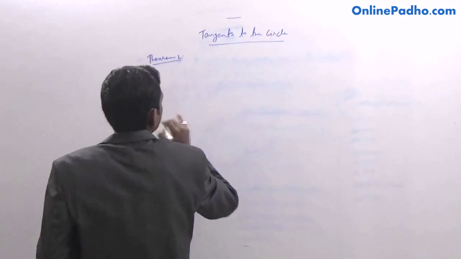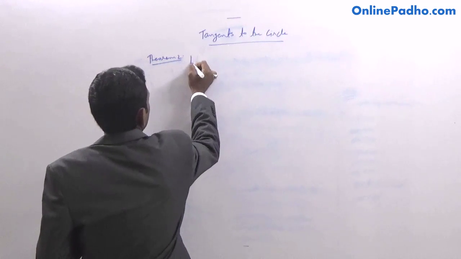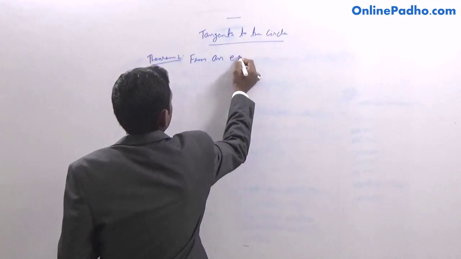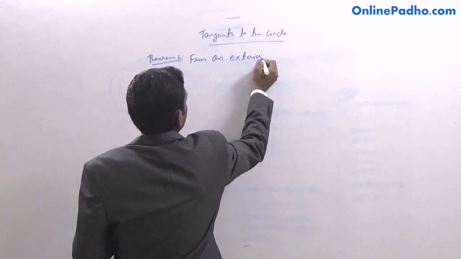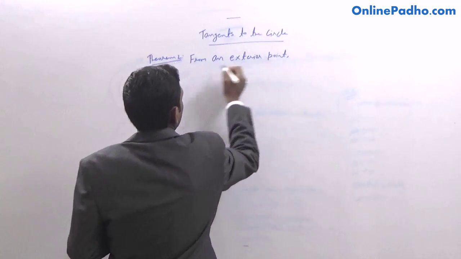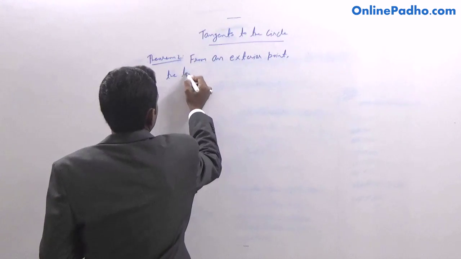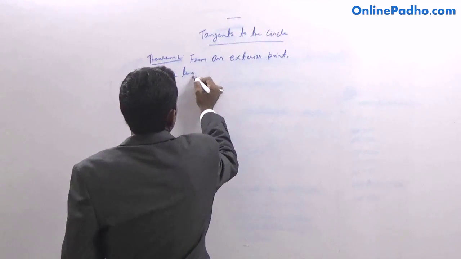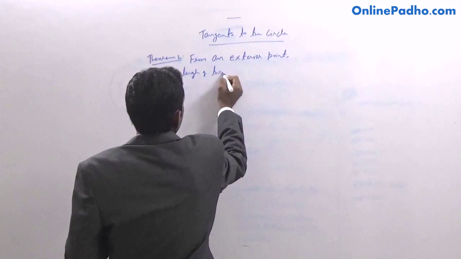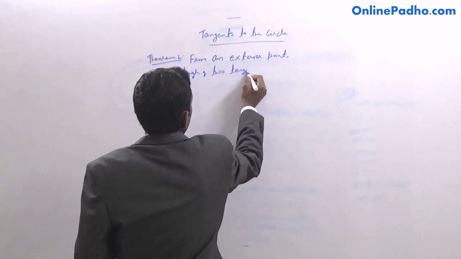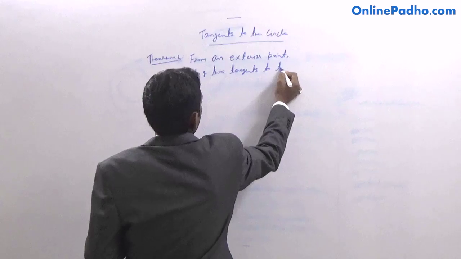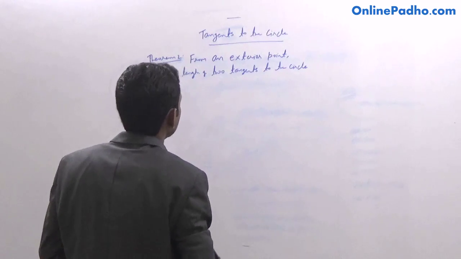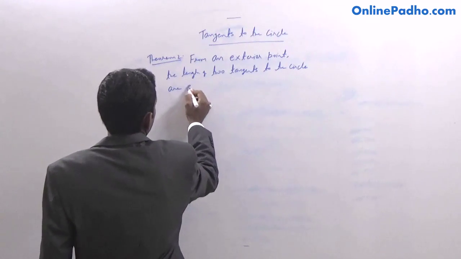Theorem 2 is: from an exterior point to the circle, the lengths of the two tangents to the circle are equal.